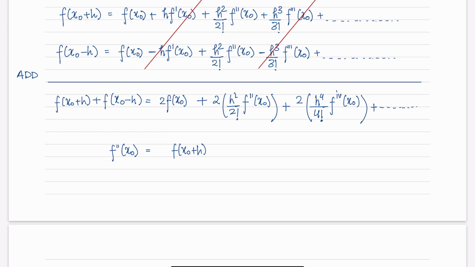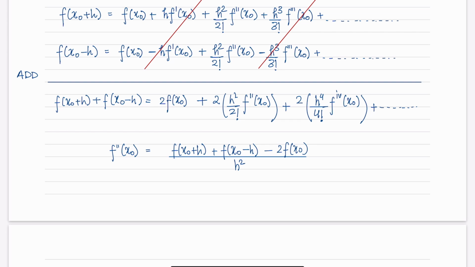So what I'm having on the left hand side in the previous equation is the summation of f of x naught plus h and f of x naught minus h, and this term, when it goes over to the other side, becomes the negative 2 times f of x naught. And notice that this 2 gets cancelled with this 2 factorial. So what we have in the denominator is simply h square.